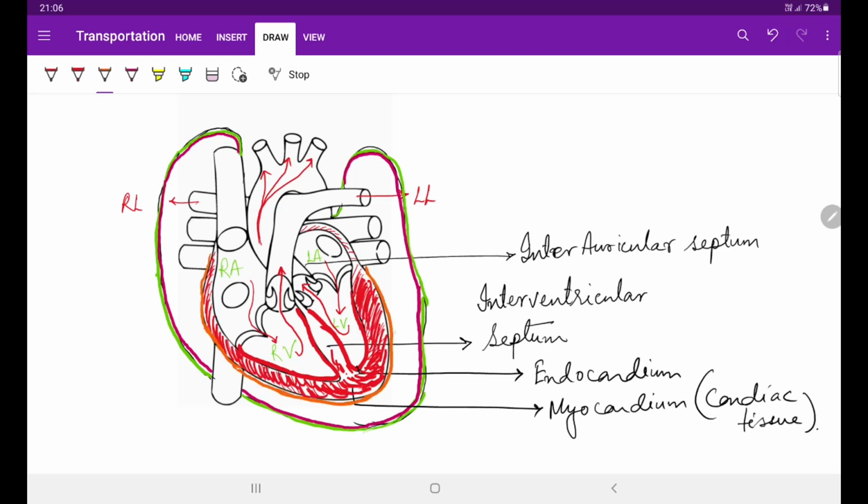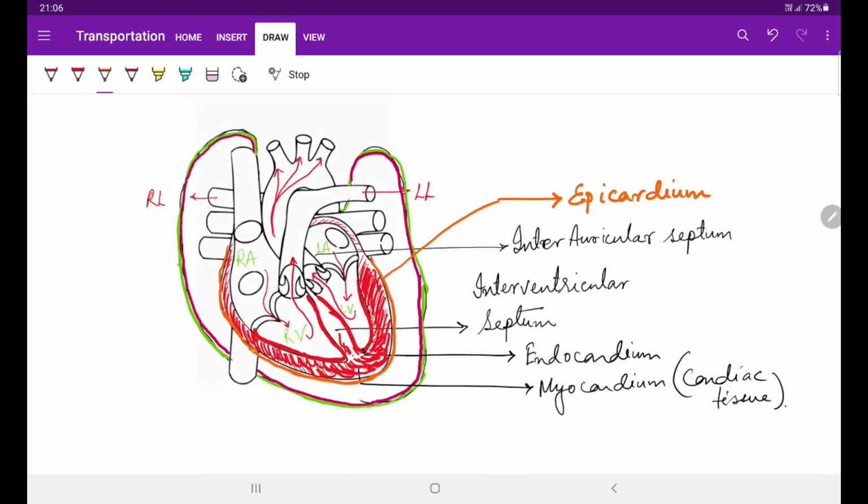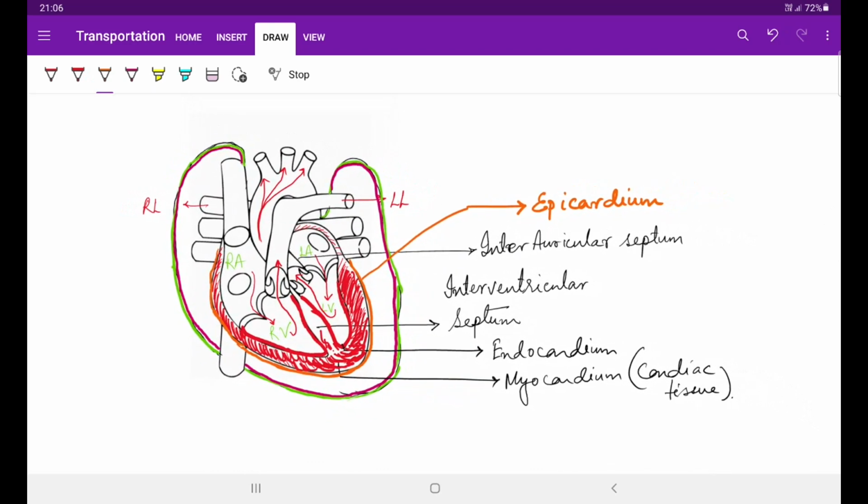External to the myocardium, the heart has another very important layer, called the epicardium. So, the contractile ability of the heart is provided by these three layers: endocardium, myocardium and epicardium.